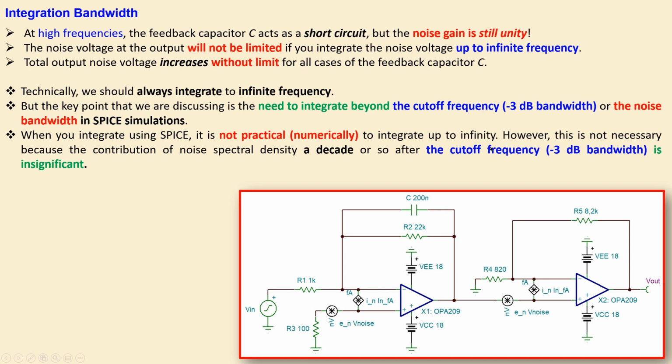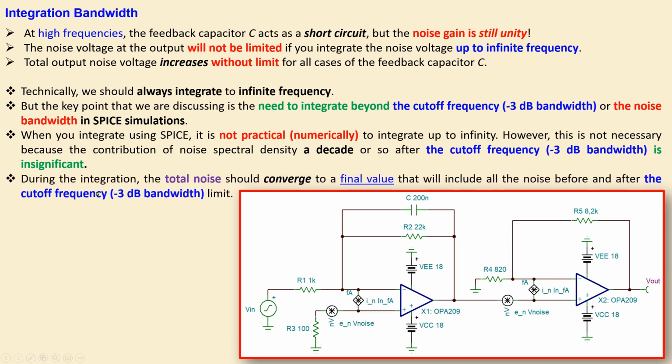However, it is also not necessary, because the noise contribution approximately a decade after the cutoff frequency is not really significant anymore, because you have filtered out a lot of noise. So during the integration, the total noise should converge to the final value. That will include all noise before and after the cutoff frequency, which is called the -3 dB bandwidth.